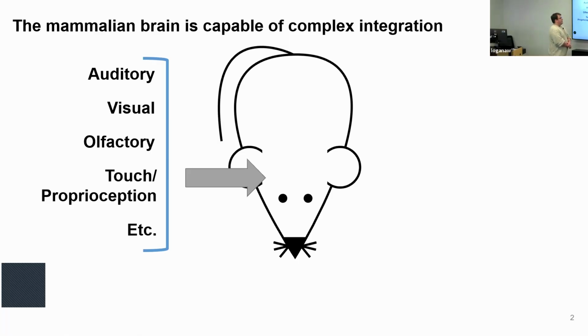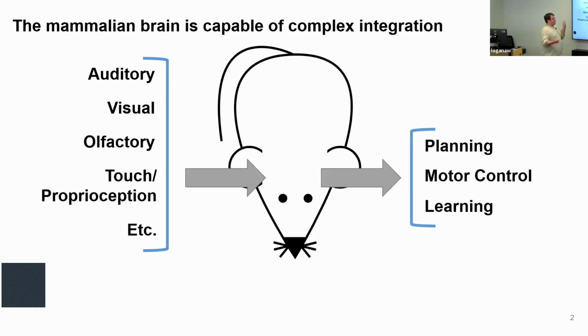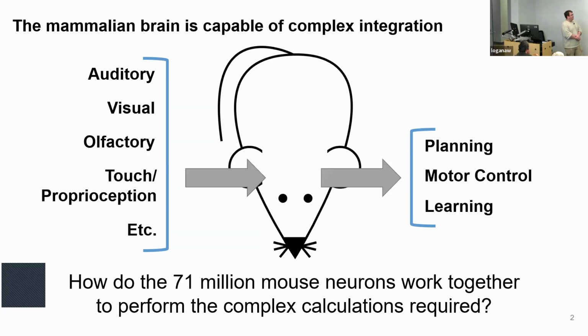And if you think about the brain like a black box, like a computer, it can take in all these different types of inputs: auditory, visual, touch. It goes into the black box, and you get out an answer or some sort of interaction with the outside world. That could be planning, motor control, learning, all these complex behaviors, anything that a human or an animal can do. Very, very broad description there.